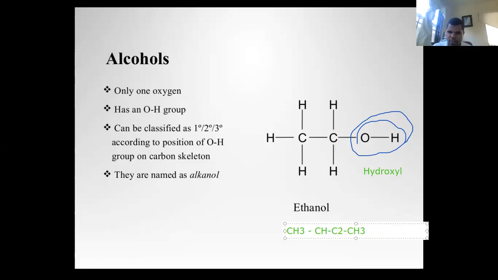Whenever you want to have a tertiary carbon, you need to have a branch. If you have a branch, then you will have a tertiary carbon, because then this carbon is going to be attached to three more carbon atoms. This one would be tertiary because it's connected to this carbon, this carbon, and this carbon.